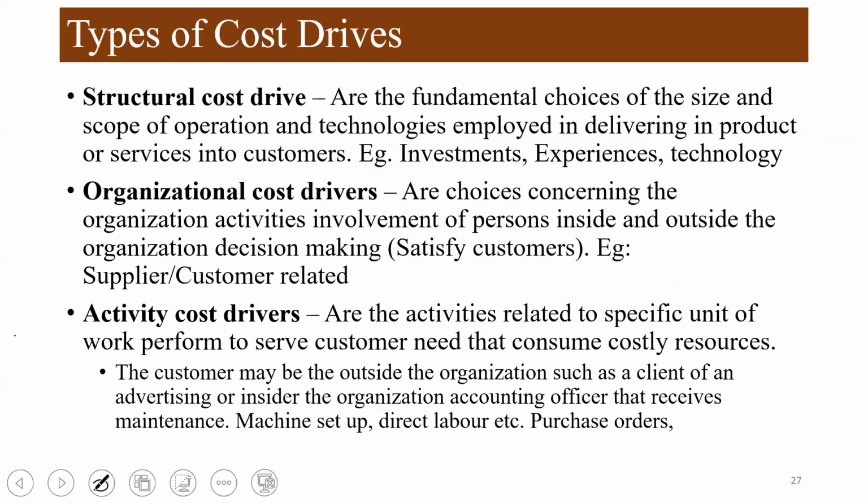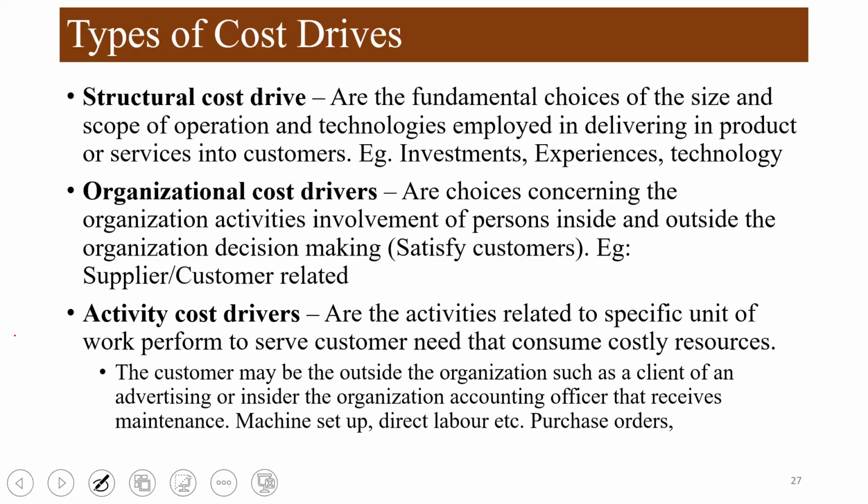One important costing method that you can use in the supply chain is this, and you select the cost drivers. What are the cost drivers? There are three basic cost drivers: structural cost drivers, organizational cost drivers, and activity cost drivers. So convert the activities.